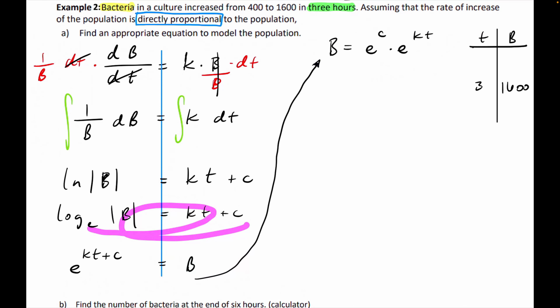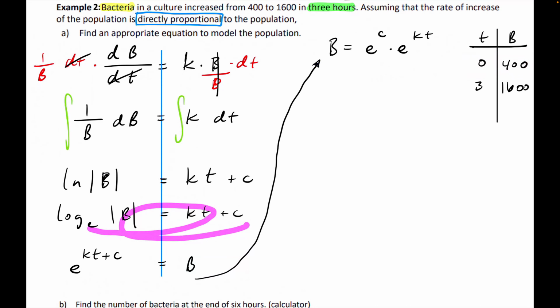What is it going to be in 400? When is it going to be 400? How many hours? 0, yeah. What do we call this point? This point has a special name. What do we call this point here in terms of the problem?